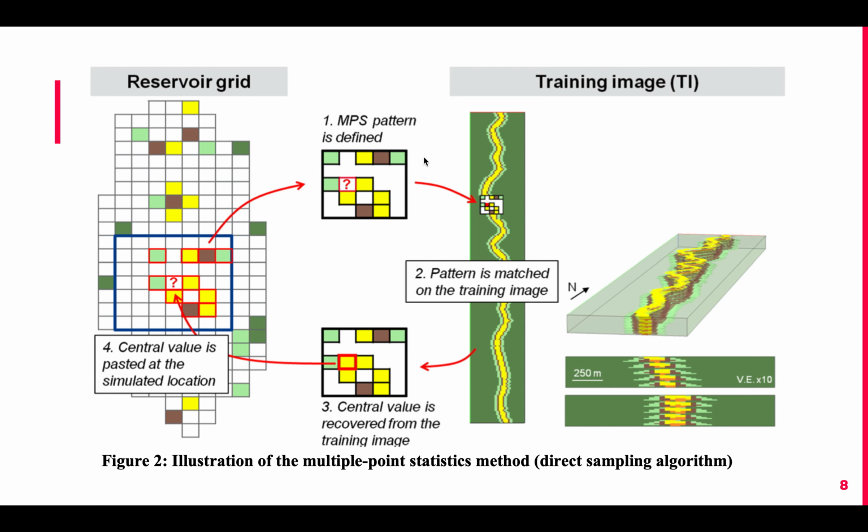The training image is scanned for the considered pattern, and once the pattern has been identified in the training image, number 2 here, the central value is recovered, number 3, and then it is passed into the reservoir grid at the simulated location, number 4 here.